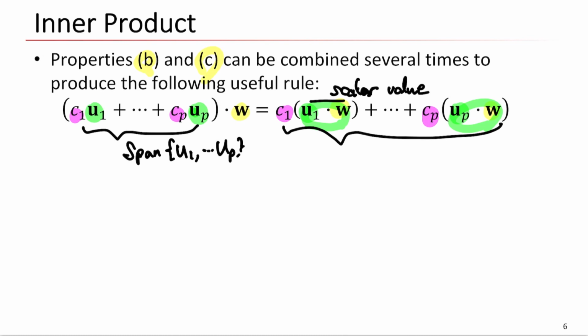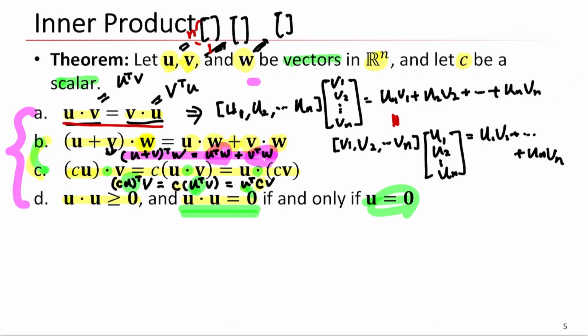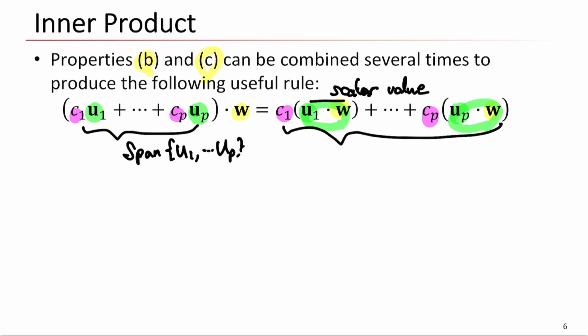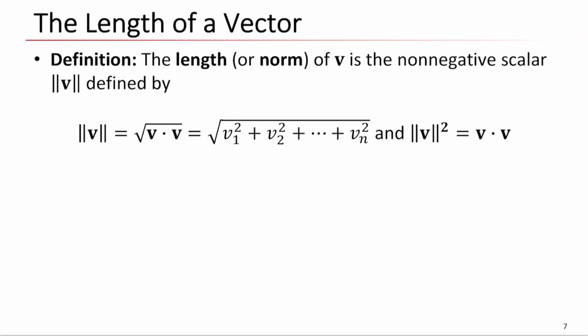This is a useful property that we can use in the following, which was derived from properties B and C. You can derive from the left hand side to the right hand side by yourself using properties B and C. Okay, so this is the definition of the inner product.